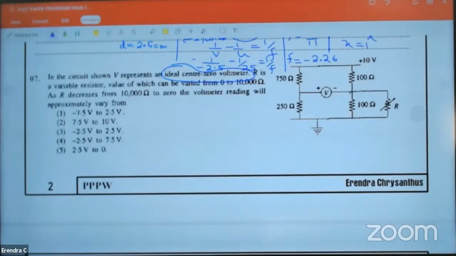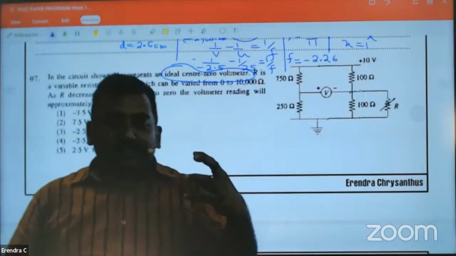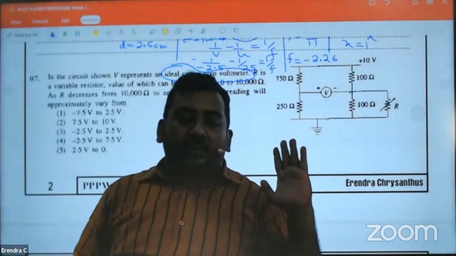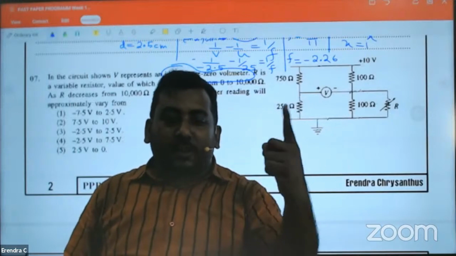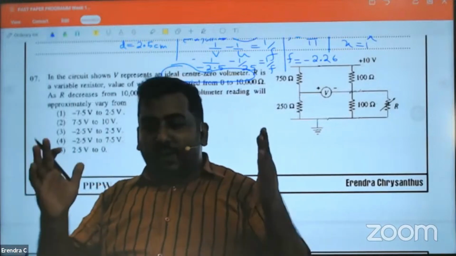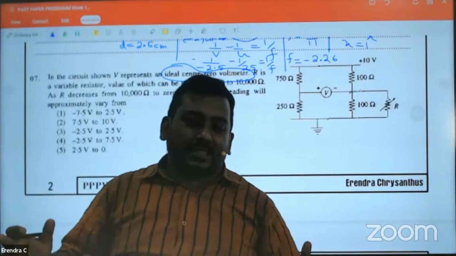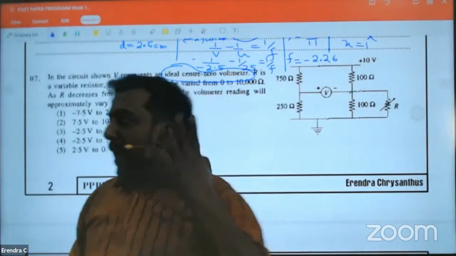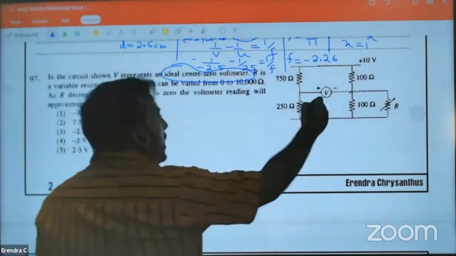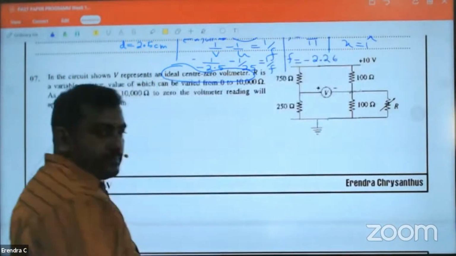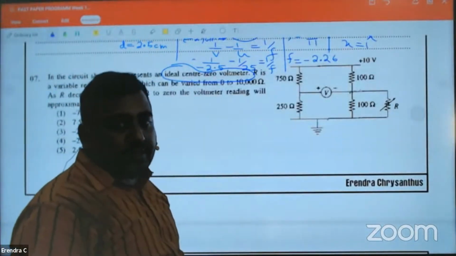Infinite resistance. What else? I want to know what happens. Does current pass or not pass? In your head, remember electricity is very easy. Don't complicate it. Passing or not passing? Zero current. Very good. So no current is passing there.